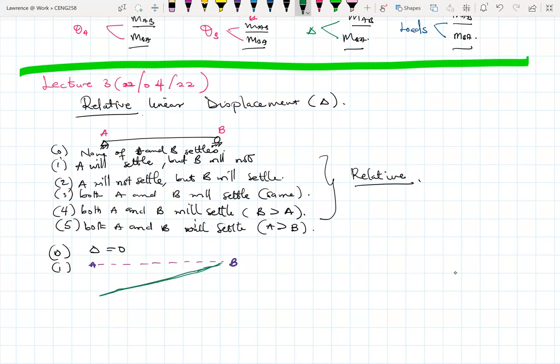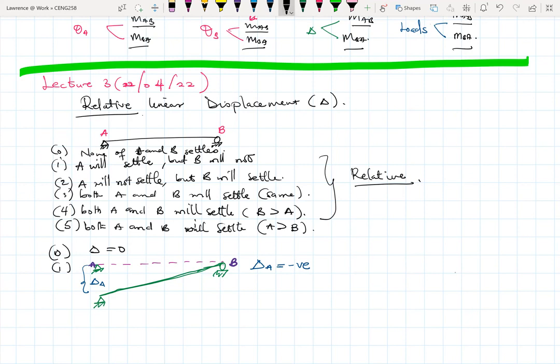Okay, so the support at A has now moved, but this support remains the same. All right, so there will be some deflection delta. Let's call it delta A. Okay, so delta A here will be negative. Okay, we explained that already from last week. So delta A here will be negative. Okay.